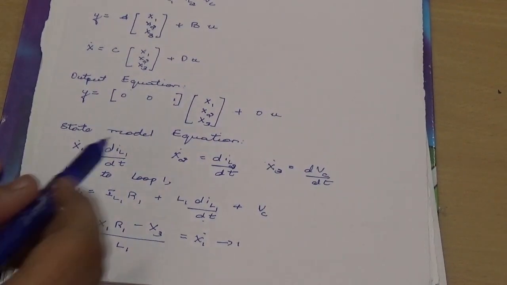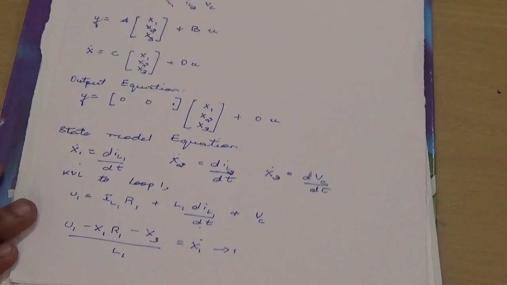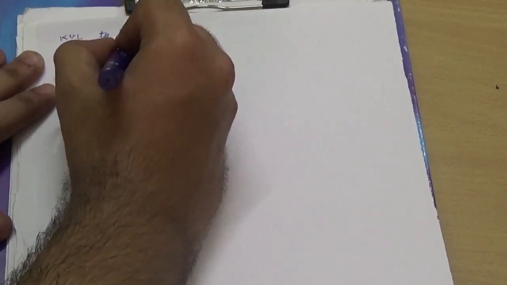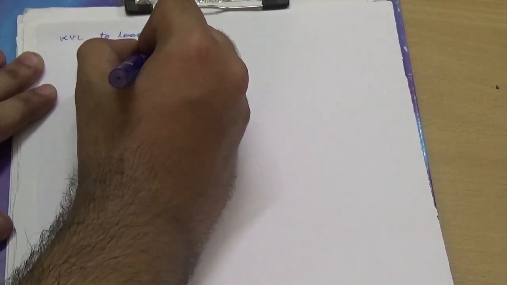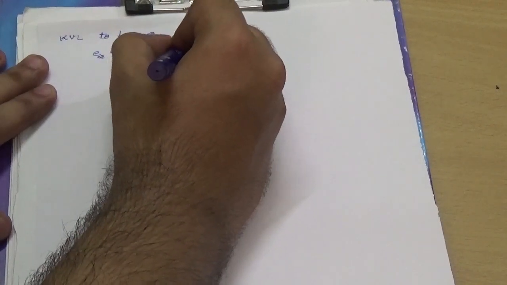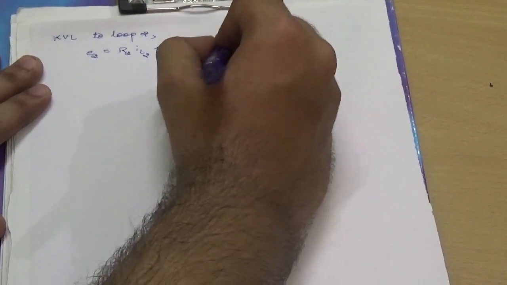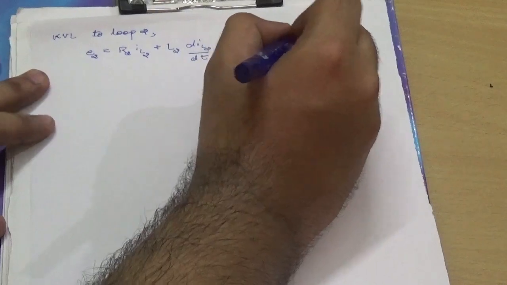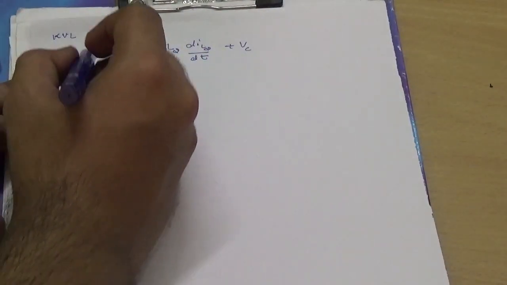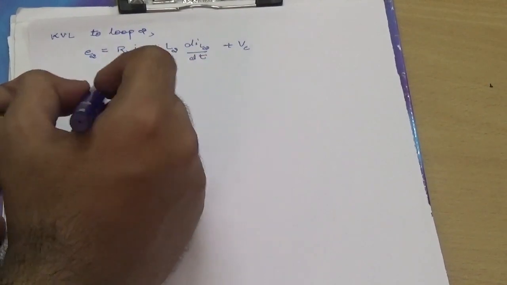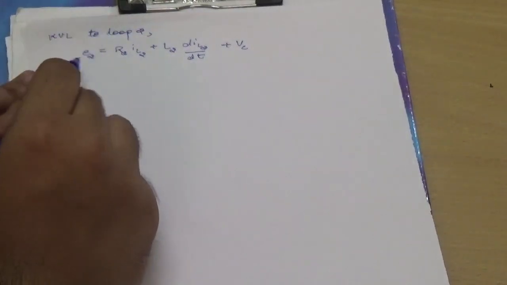Let us find x2 dot and x3 dot similarly. Now applying KVL to loop 2, I have got E2 is equal to R2 IL2 plus L2 dIL2 by dt plus Vc. Now again I take all the terms excluding this term to the LHS and then I simplify.